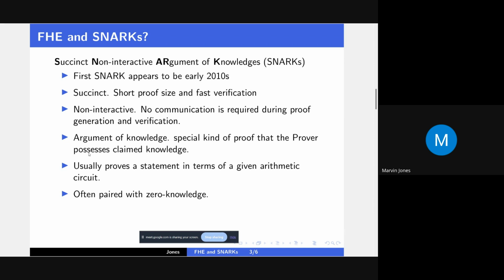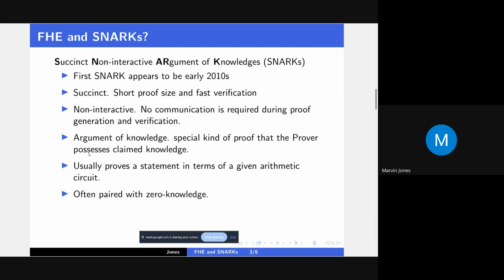Argument of knowledge, basically just you're claiming you have some knowledge, and this is the proof that that knowledge is valid. So that's the buzzwords. Usually, a SNARK is proving a given arithmetic circuit. Now, you could have a universal SNARK that could generate a proof for any arithmetic circuit, but it's still proving the proof.